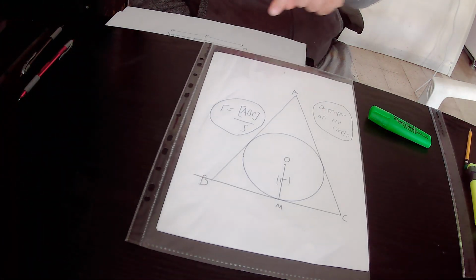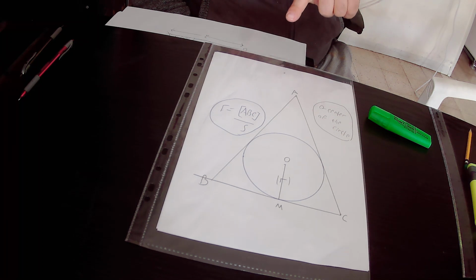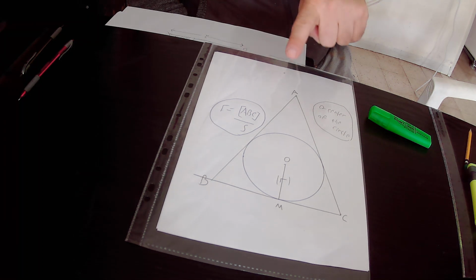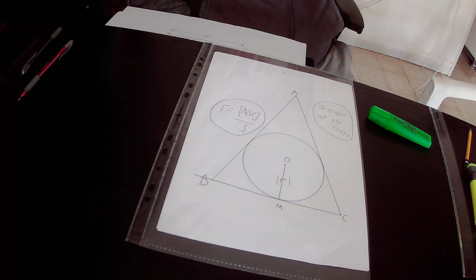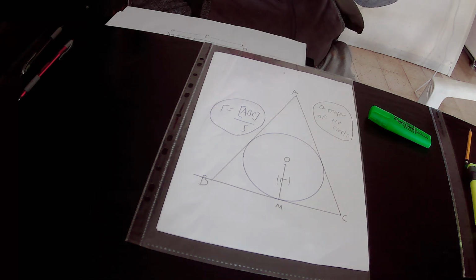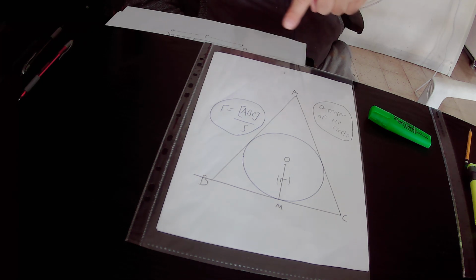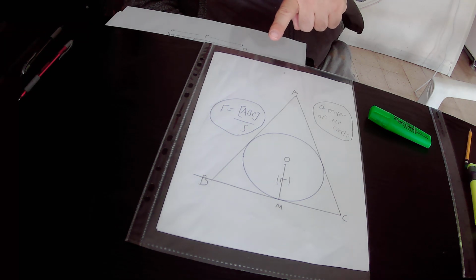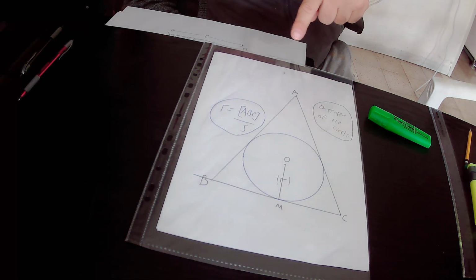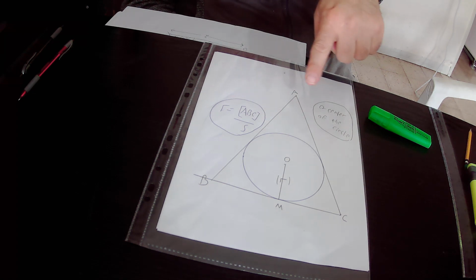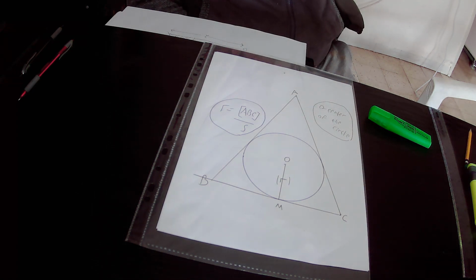We have in the drawing triangle ABC, and this circle is inscribed in this triangle. So according to rule number 15, the radius R of this circle equals the area of triangle ABC over S, the semi-perimeter of the same triangle.